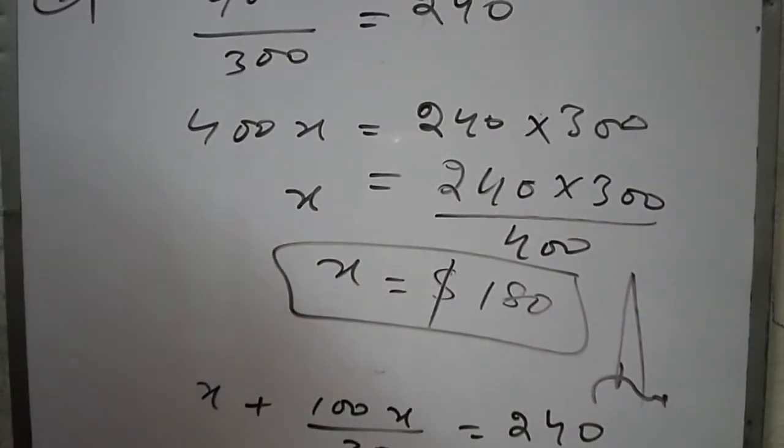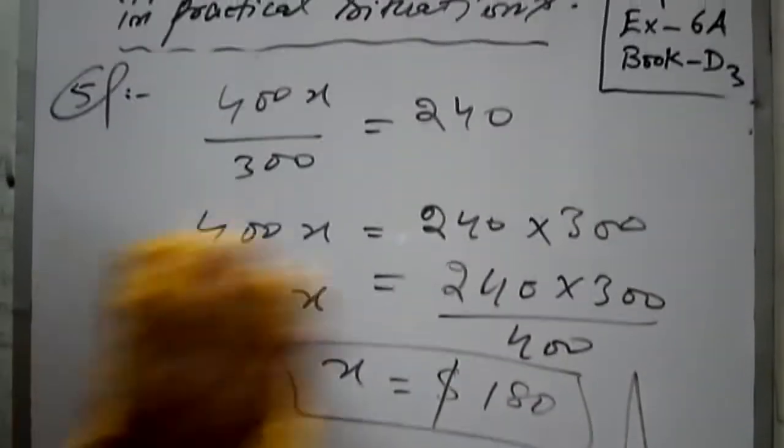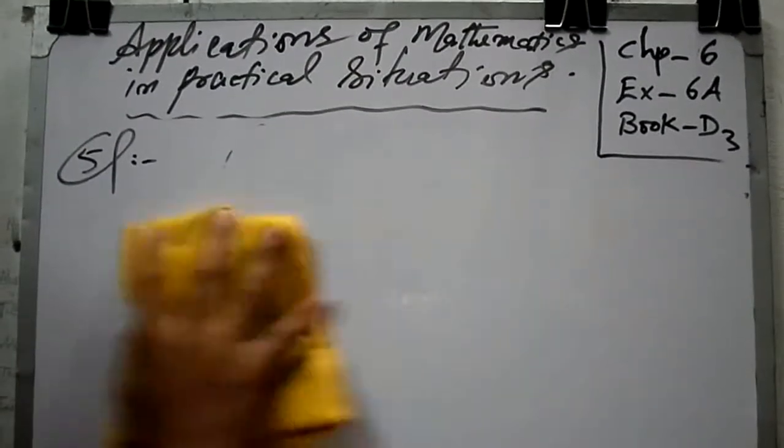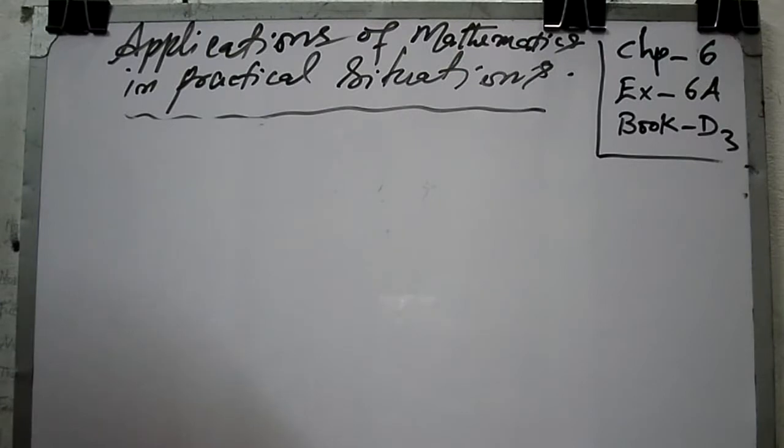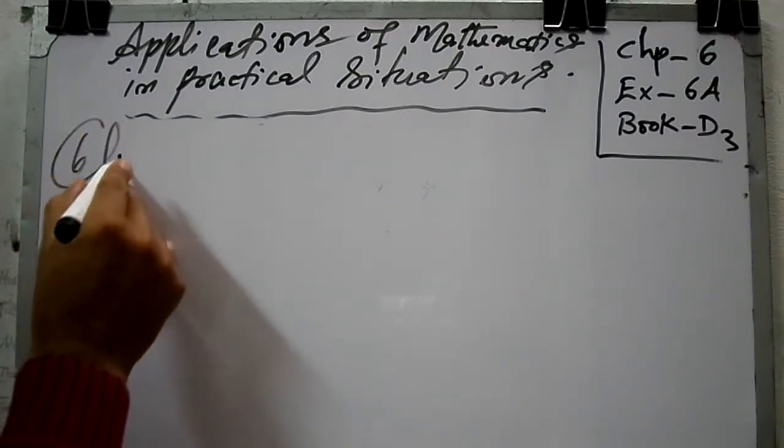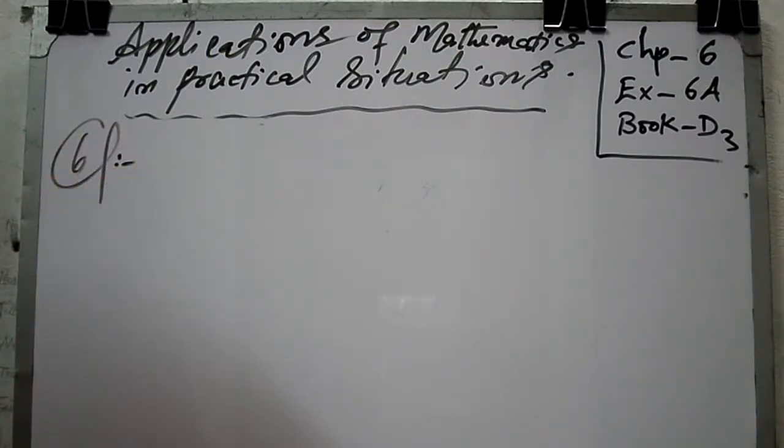Now coming to the question number 6. The profit on a certain refrigerator is 35% of the cost price. If the profit is $280, find A, the cost price and B, selling price of the refrigerator. Okay.